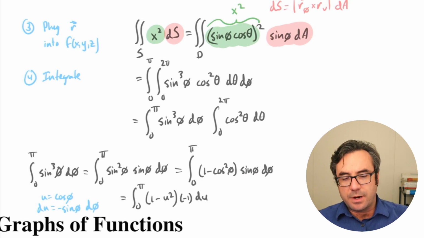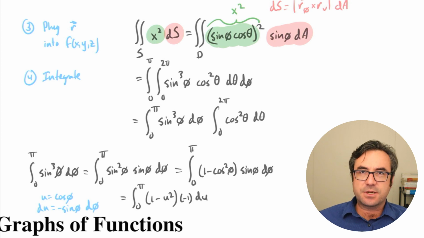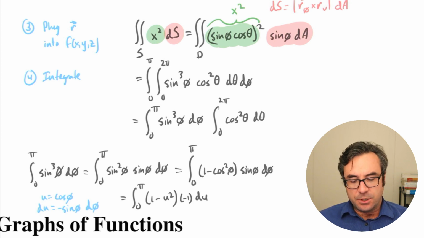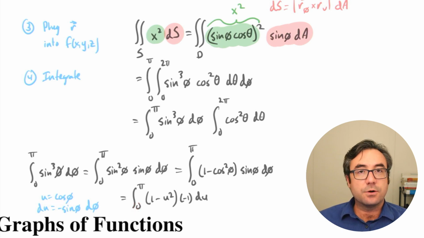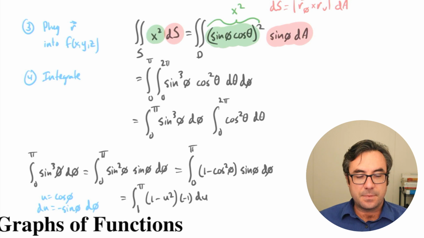And while we're at it, I was going to leave the limits of integration in terms of phi, but let's convert them to u. When I plug 0 into this equation, I get cosine of 0, which is 1. So my lower bound is not 0 anymore, but 1.